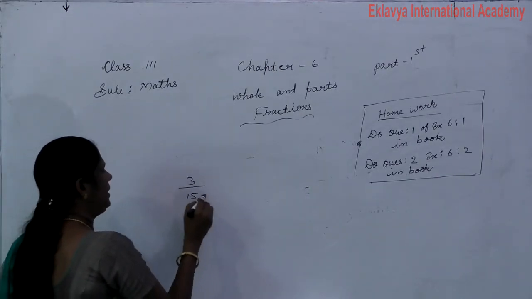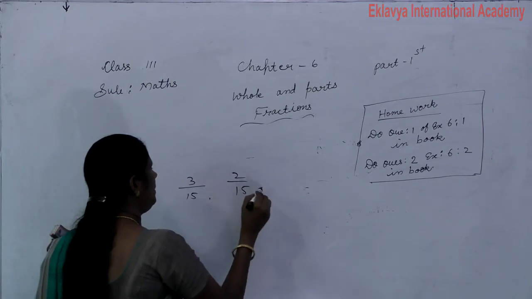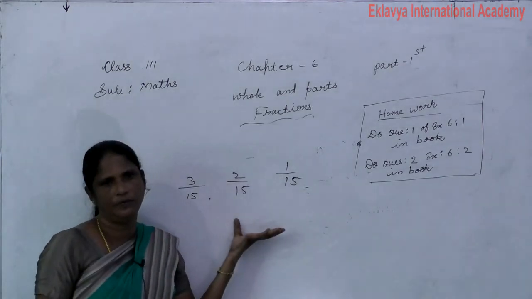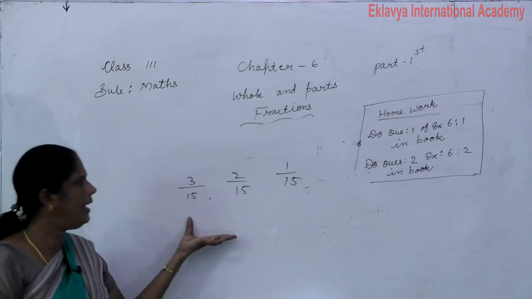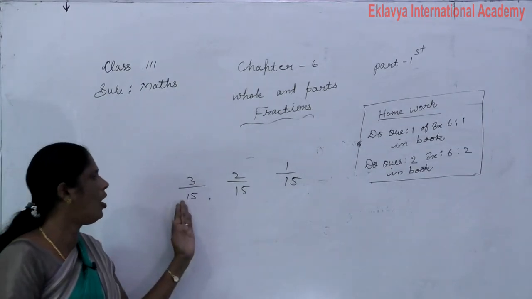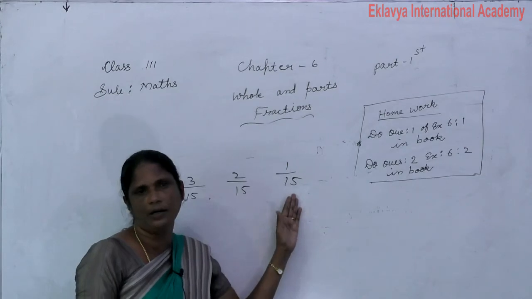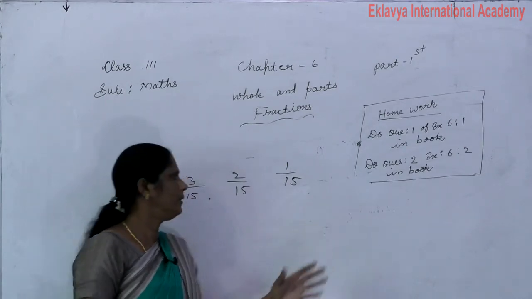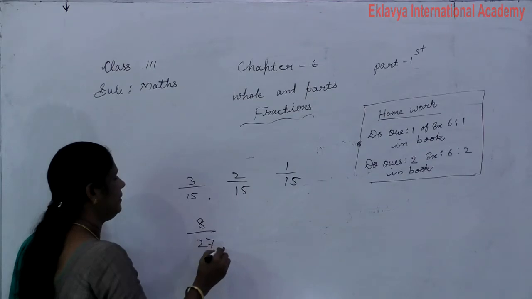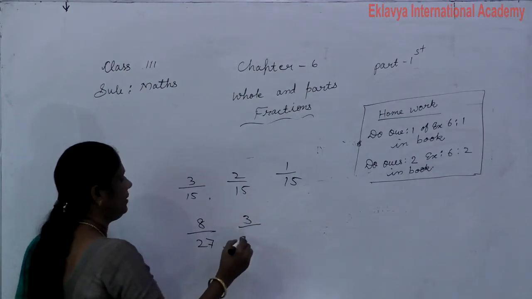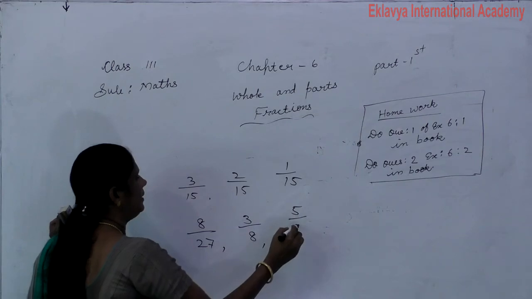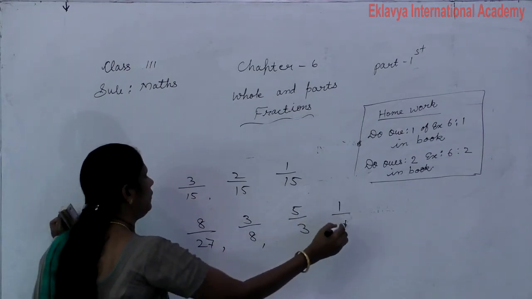Then one more example. 3/15, 2/15, 1/15. Which fraction is this? Like fractions, because all denominators are the same. Then 8/27, 3/8, 5/3, 1/4.